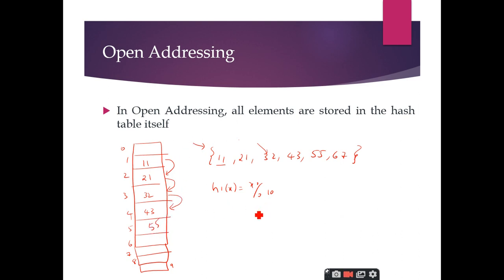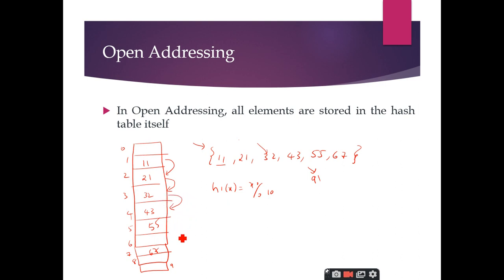Now tell me 67. 7, sir. Let us take one more key, 91. What is the key for 91? 1, right? You go and search location 1. It is not vacant, it is full. Therefore, linearly probe the next location. The second location is already occupied, so go to the next element, already occupied.